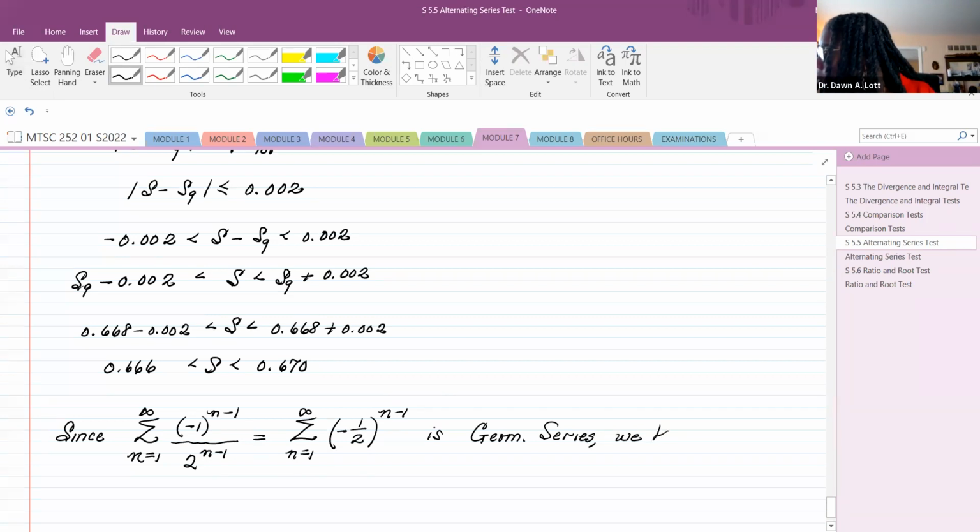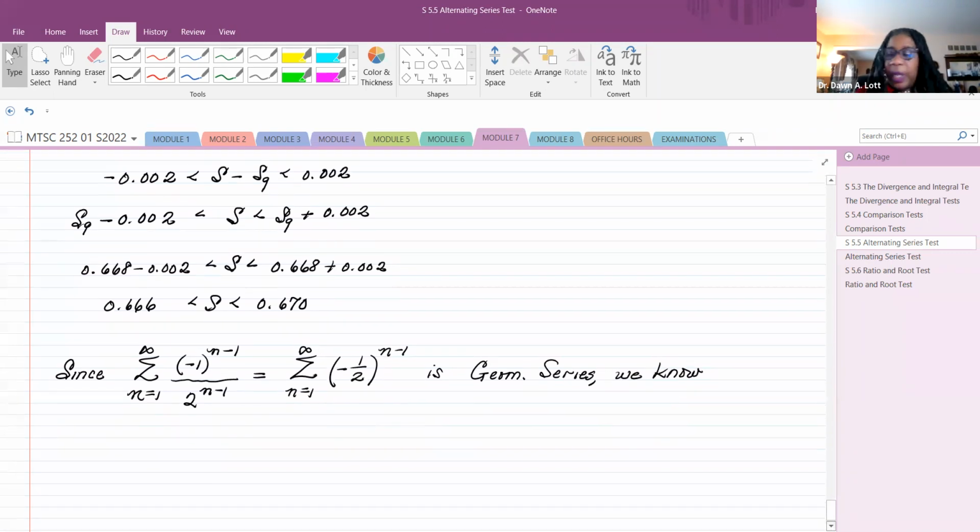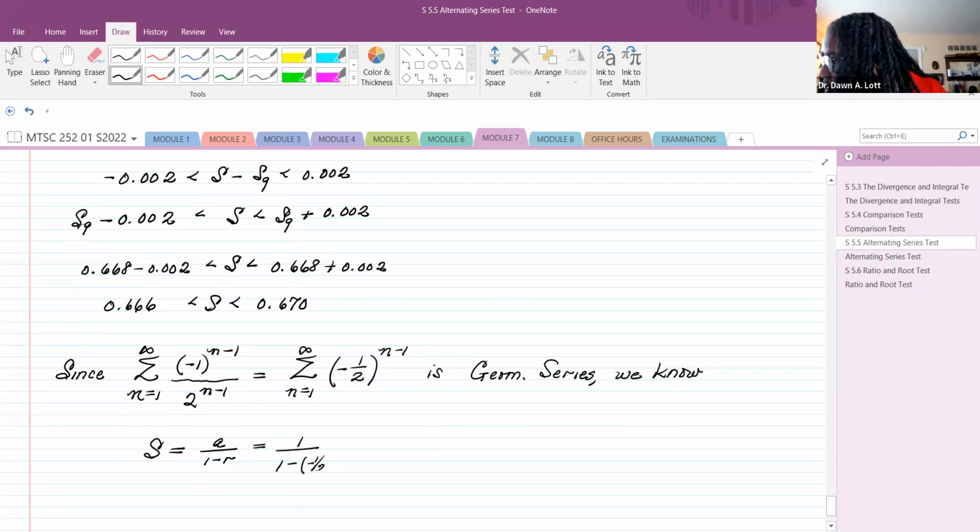We know what S actually equals. Okay, so we know that S is actually equal to A over 1 minus R. So that's 1 over 1 minus -1/2, which is just 2/3.